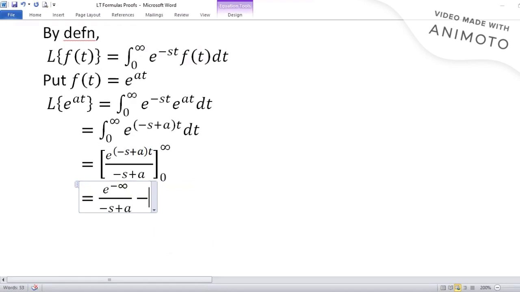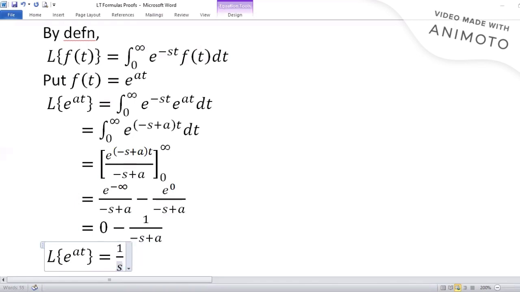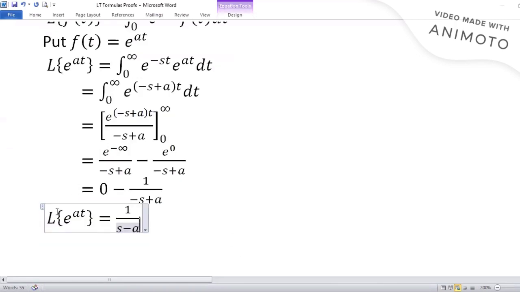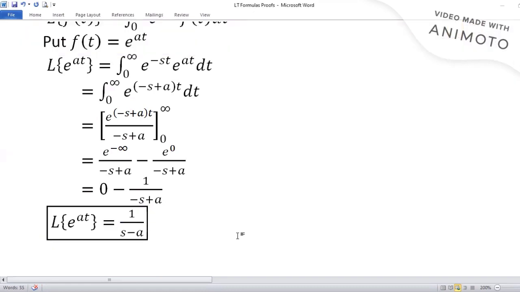The second limit becomes e raised to 0 and denominator minus (s plus a). We know e raised to minus infinity is 0 and minus e raised to 0 is 1, with denominator minus (s plus a). So the answer of Laplace of e raised to at becomes 1 upon s minus a. If we take the minus sign inside of minus (s plus a), it becomes 1 upon s minus a. So this is the second proof.